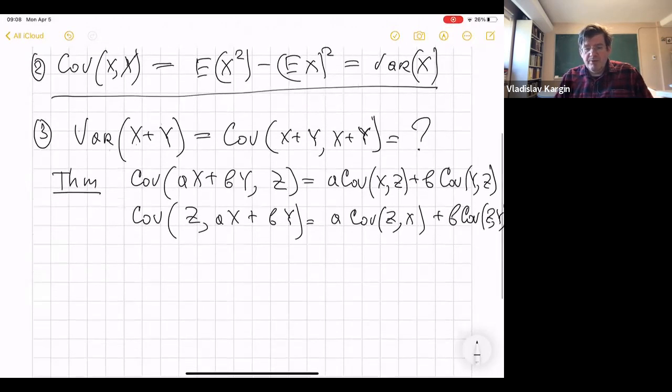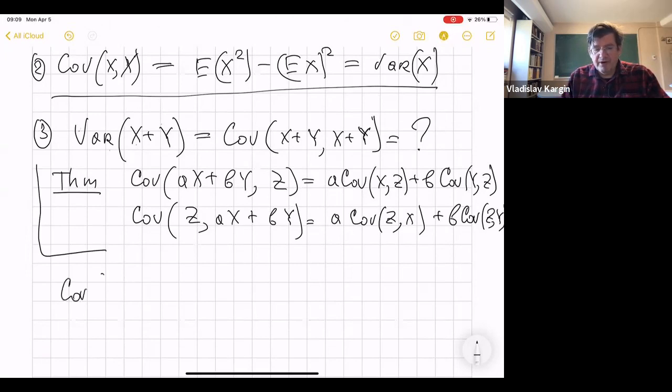Now, maybe I will not prove this theorem. If you look at the definition and write it down, it's more obvious from the linearity properties of the expectation. But let's look at what we can get from this theorem. We can continue the example, the calculation of the covariance of X plus Y with itself.